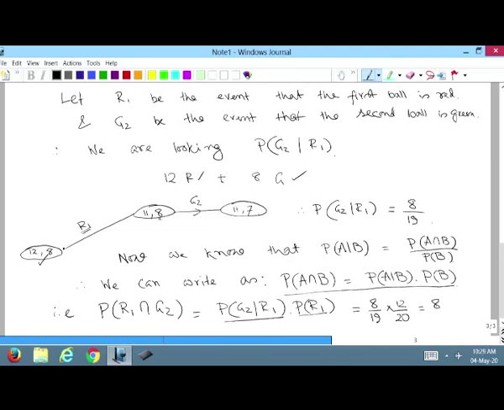So it is 8 upon 19 multiplied by 3 upon 5. That is how we get the probability of the joint occurrence of R1 and G2.